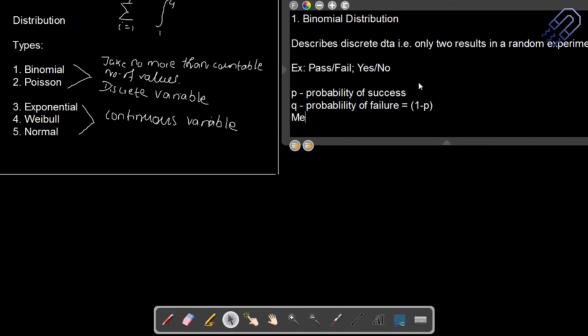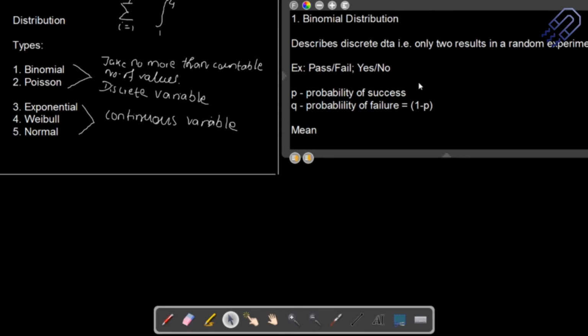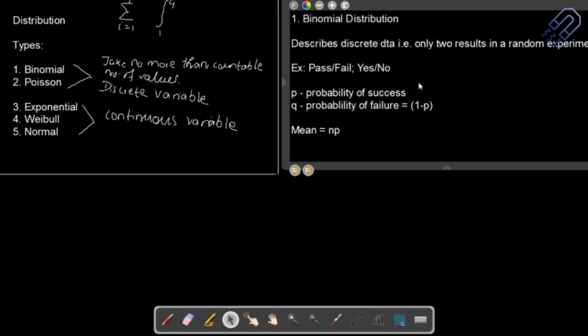In binomial distribution, if you want to find the mean, you consider n, the number of observations, and multiply it with p. Here we also have the relation for standard deviation, and you need to remember these formulas specifically.